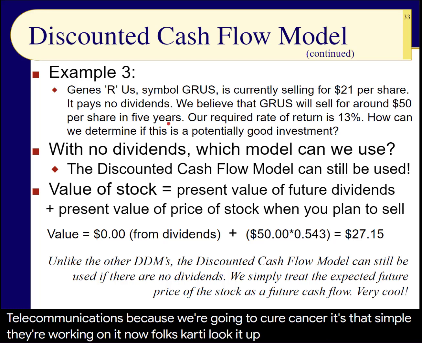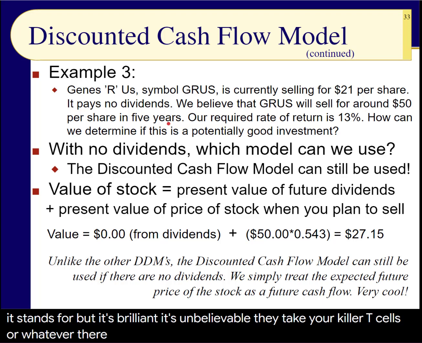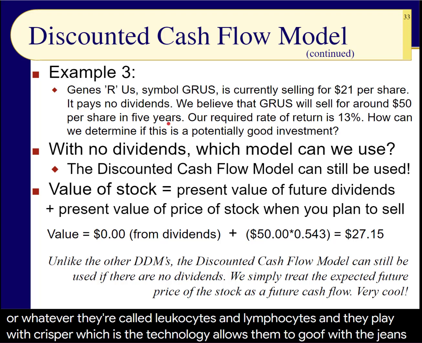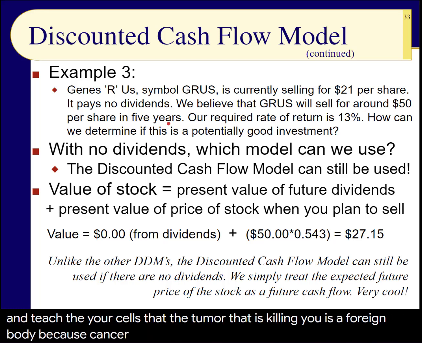CAR-T. Look it up. C-A-R capital, dash, lowercase T. I forget what it stands for. But it's brilliant. It's unbelievable. They take your killer T cells, the leukocytes or lymphocytes, and they play with CRISPR, which is the technology that allows them to edit the genes, and teach your cells that the tumor that is killing you is a foreign body, because cancer is pretty smart.